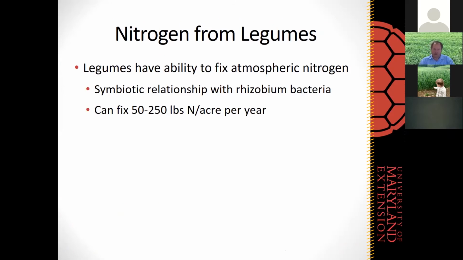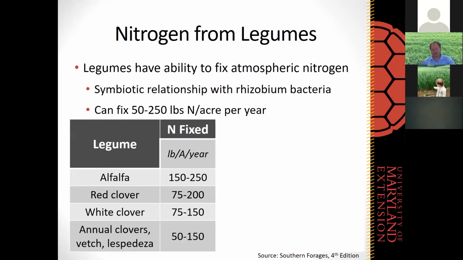I did want to touch base on nitrogen from legumes, particularly in forage systems. This one is really important. It's quite an amazing relationship between the rhizobium bacteria and the legume plant, which allows the plant to fix anywhere from 50 to 250 pounds of nitrogen per acre per year. And with alfalfa, it actually can be even a little bit more than that.